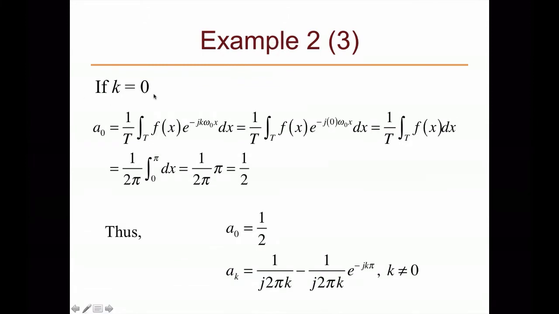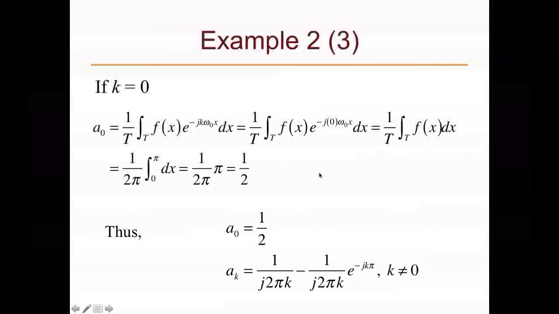If k equals 0, then from the analysis equation, the e^(minus jk omega_0 x) would become 1. So this a_0 would be only 1 over T integrated over the whole period of f(x) dx, and actually it is just the area under the curve divided by the period.